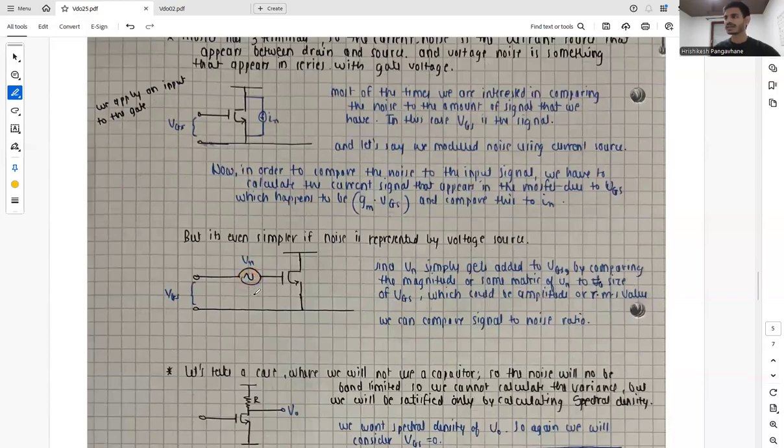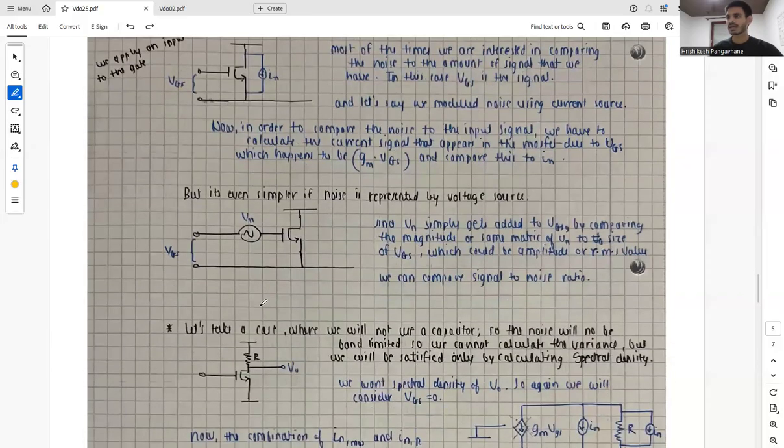As we discussed earlier, since Vn simply gets added to VGS, by comparing the magnitude or some metric of Vn with some metric of VGS, which could be the amplitude or the root mean square value of VGS, we can compare the large signal and the noise, take the signal to noise ratio, and comment on that.